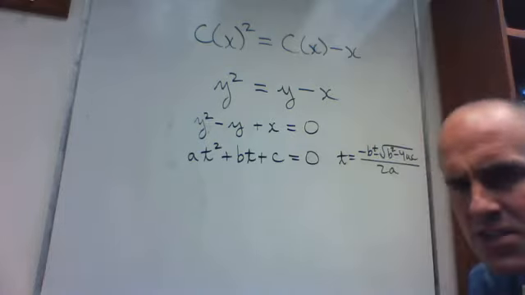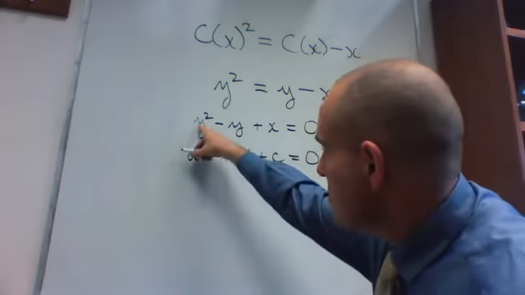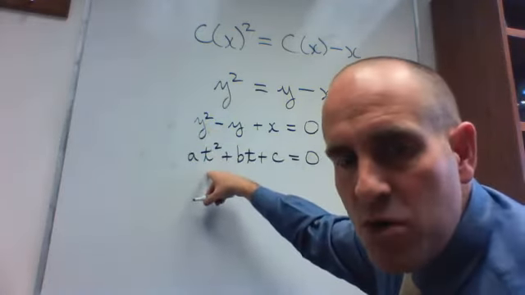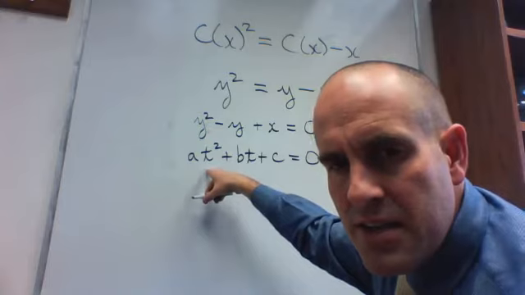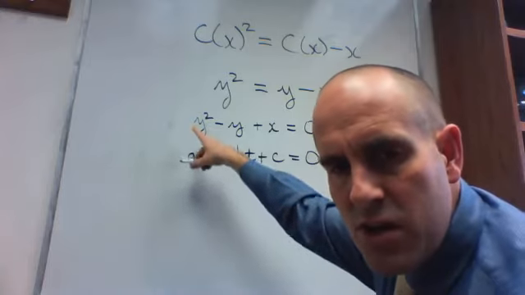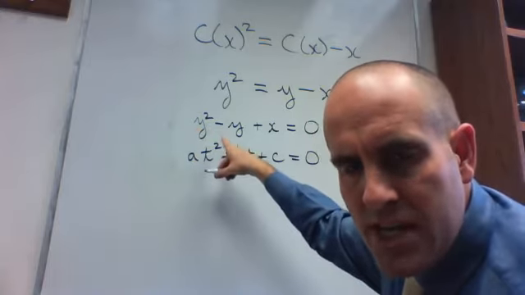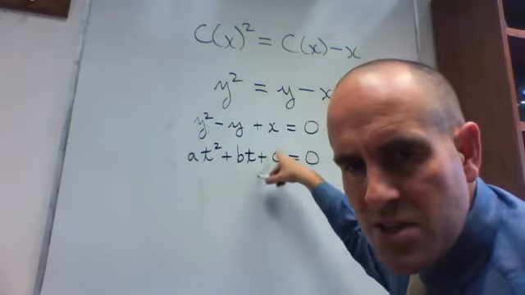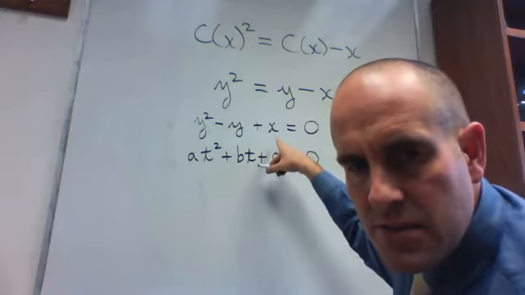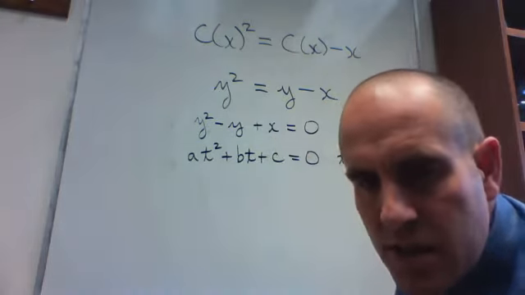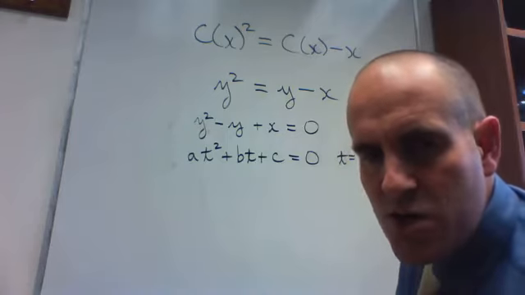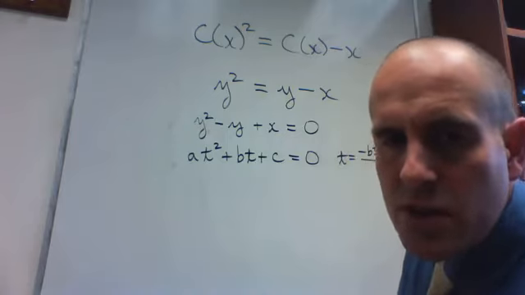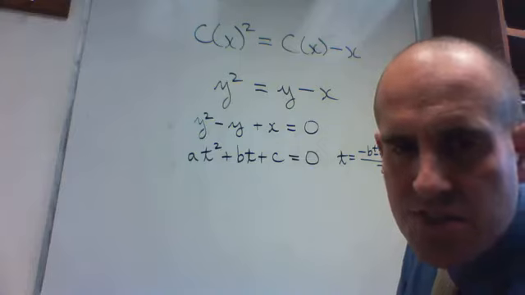Okay, just the standard quadratic formula. So here you can see that y is kind of playing the role of t, that a is played by 1, b is played by minus 1, and c is played by x. It's a little strange, but nonetheless, I could still use the quadratic formula to write down what y actually is.